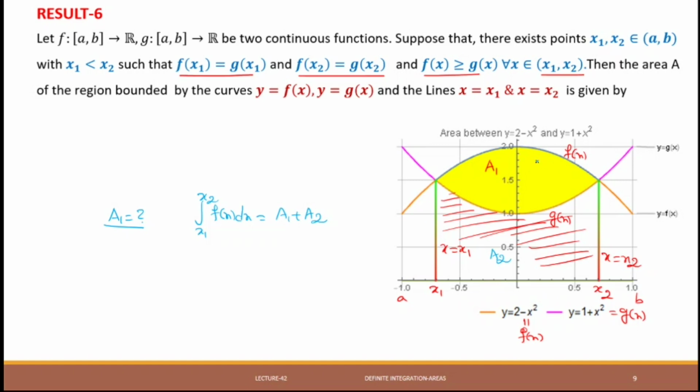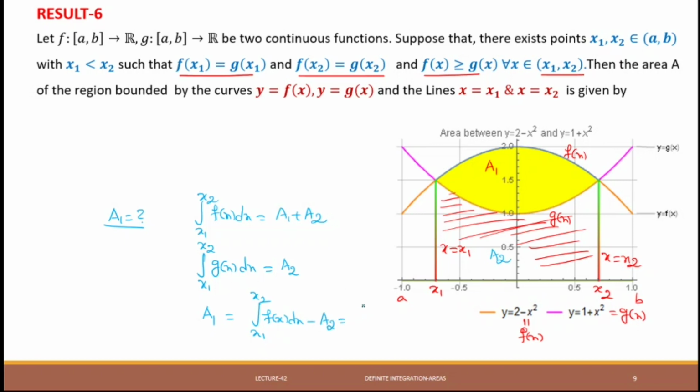Now what does the integral x1 to x2 of g of x dx represent? G of x dx means this entire area a2. Now what do you require? a1. So a1 is equal to the integral x1 to x2 of f of x dx minus a2.